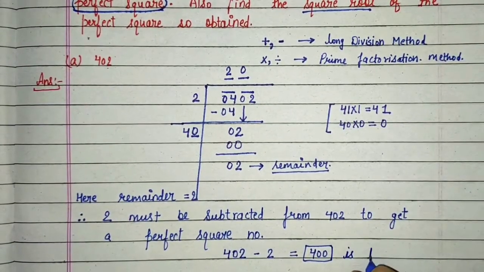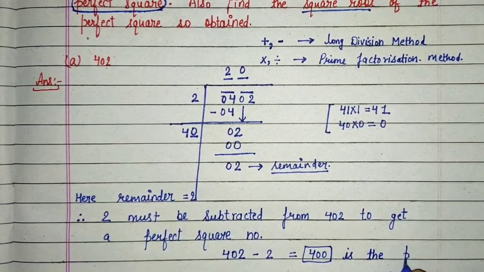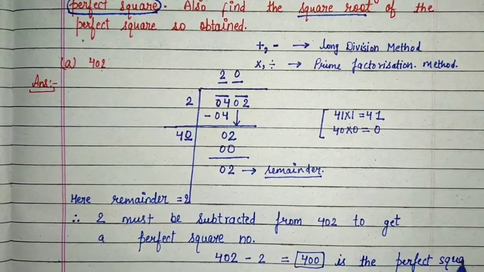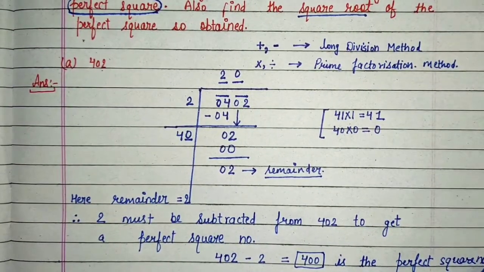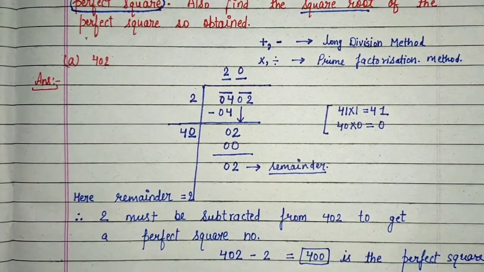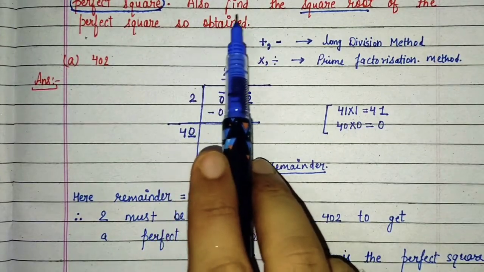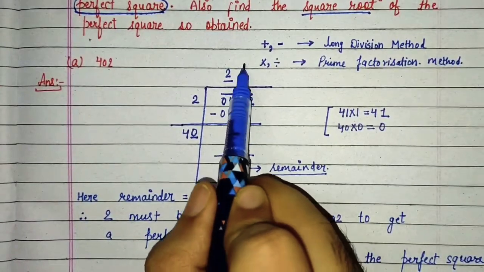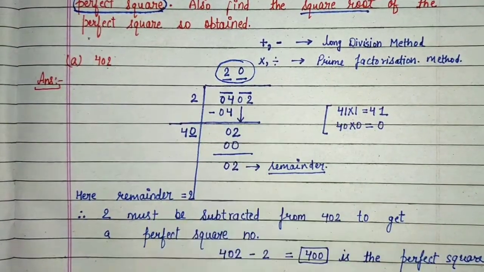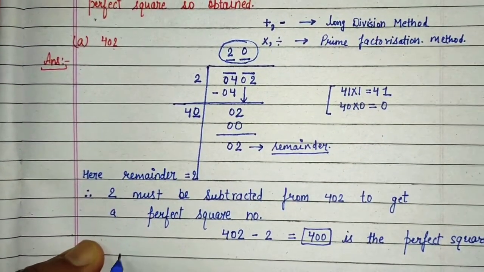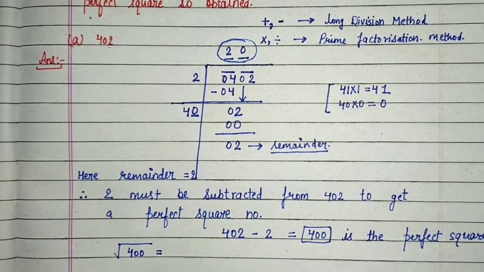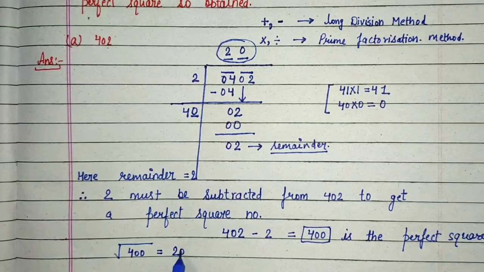is the required perfect square number. Now the question also asks to find the square root of this number. So you can write the square root of 400 is equal to 20.